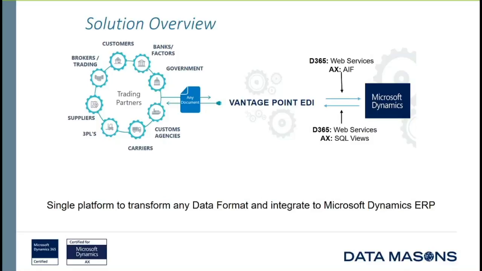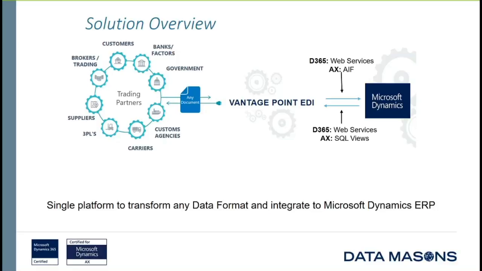We can take that document, again, through whatever communication method that they support, bring that into Vantage Point, which sits between you, your supply chain, and your Microsoft Dynamics AX or D365 ERP. And we'll handle all the data before we send it over, okay? So we'll make sure all the craziness that happens in the world of EDI happens within our application first, and then we'll normalize and standardize that data before we send it back and forth to the Dynamics platform.